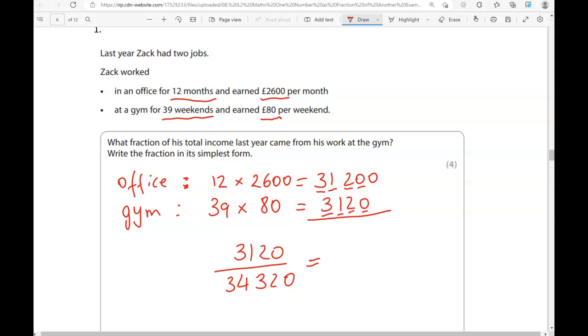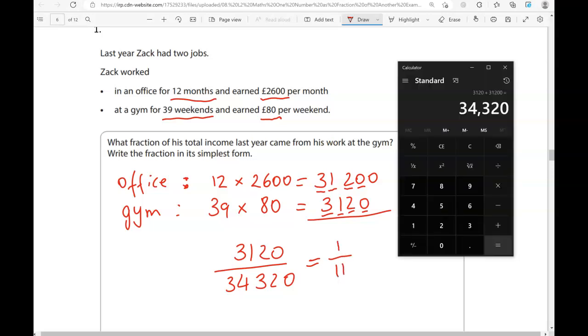So this simplified should be 1/11th, because there are 11 parts in total: 10 for this and 1 for this, because this is 10 times larger. So that's why this would be 1/11th.